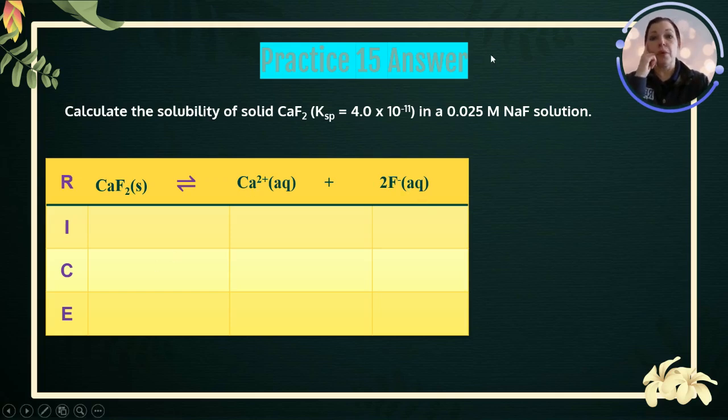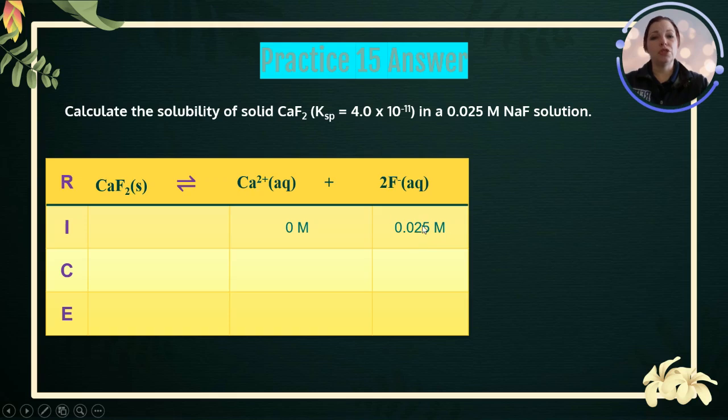So our initial is going to be, we have no calcium initially, so that's going to be 0, but we do have fluoride present. This is the first time with solubility that we've looked at having an initial that is not 0. And so this initial for fluoride is going to be 0.025.